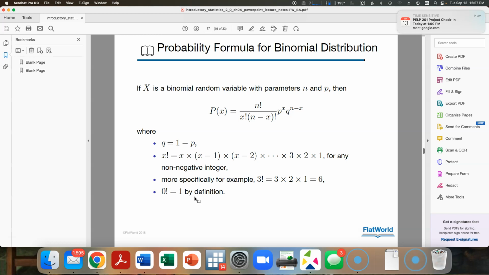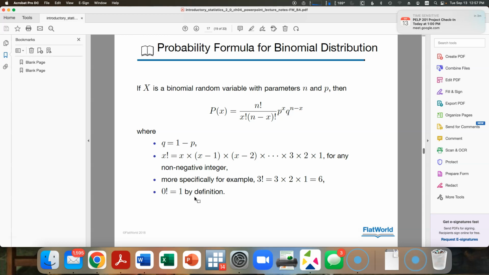then we're going to take n factorial. So now what's n factorial? If it's 2, it would be 1 times 2. If it was 3 factorial, it'd be 1 times 2 times 3.